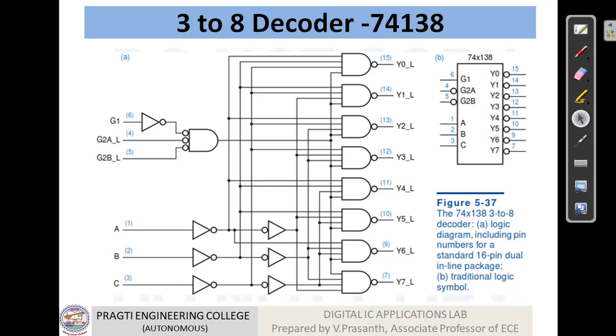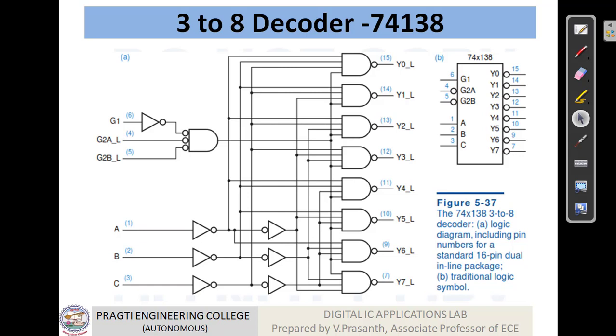With the selection of A, B, C, any one of the outputs will be active. The output is also an active low signal. Active low means the output will be 0; if the output is 0, the device is in active state. Active high means if the output is 1, the device is in active state.